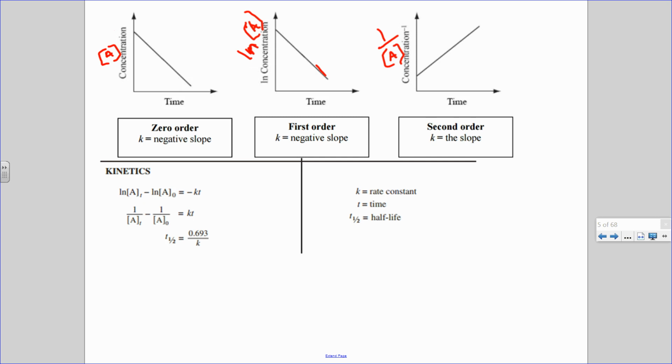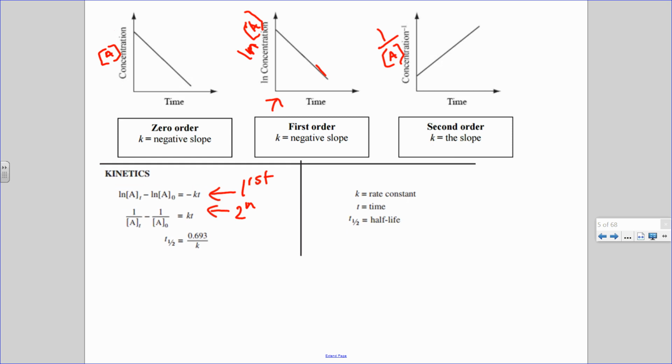Also, if you have this graph and it's first order, then this first equation on your formula sheet is the first order rate law. Easy to remember because it's first. This equation on your formula sheet is the second order rate law.